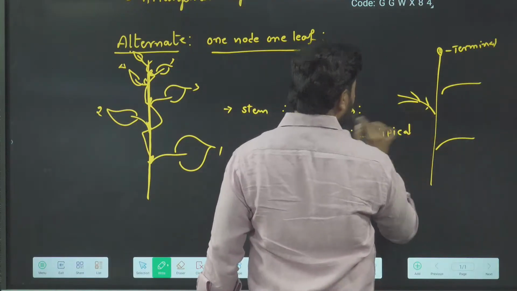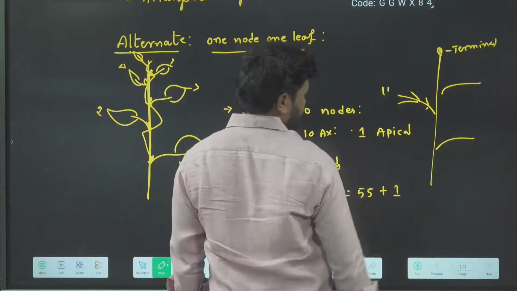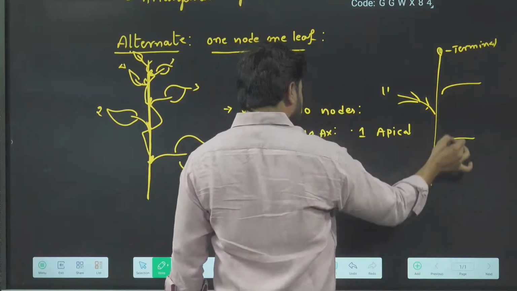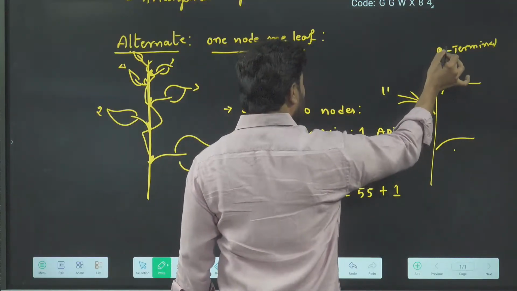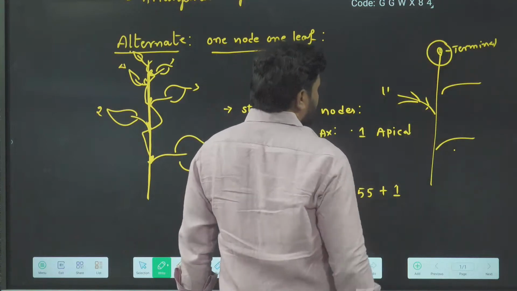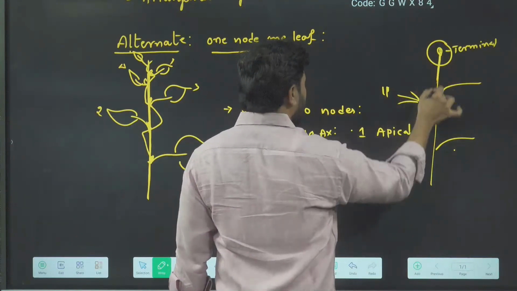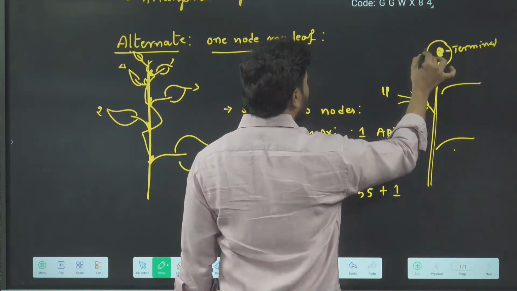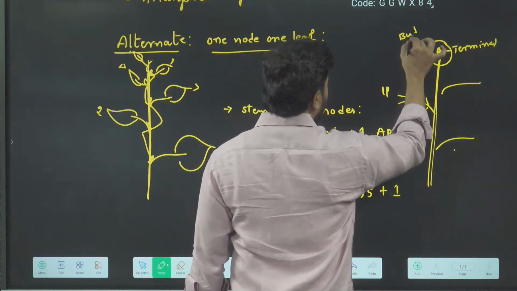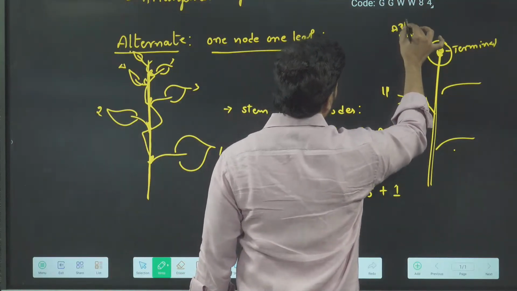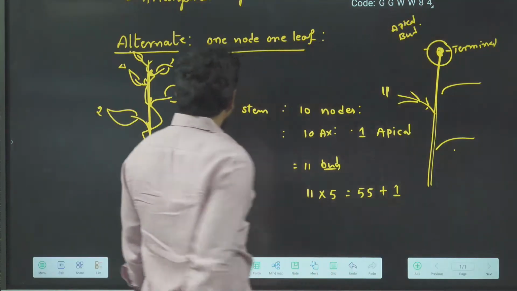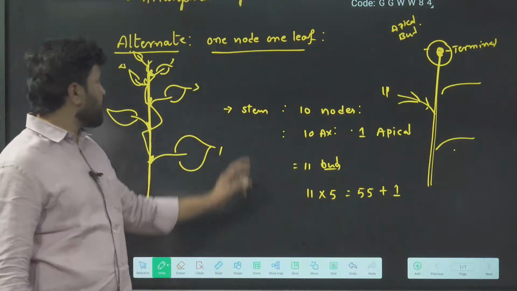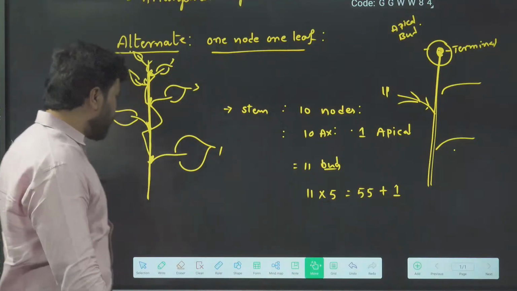Each branch has 11, but they mention 5 branches. They are asking about the number of buds. In every stem, the tip should have one bud. This is called the terminal bud or apical bud. Okay, like this, the most common type of question related to alternate phyllotaxy.